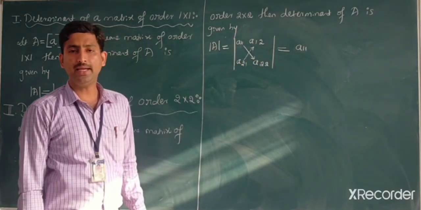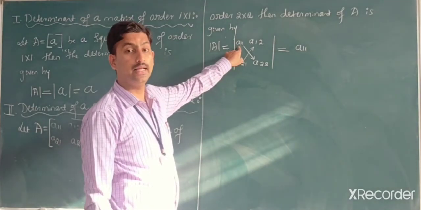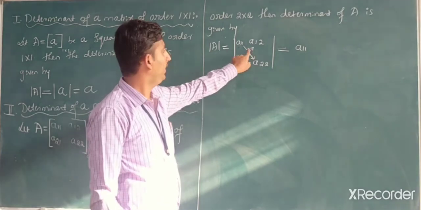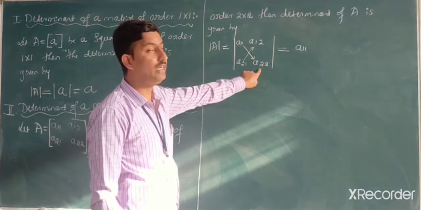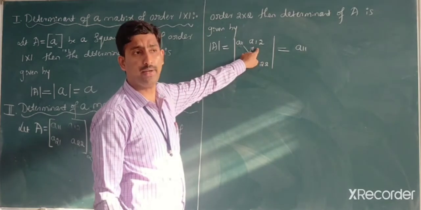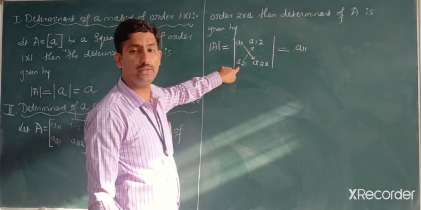Correct? We have to multiply the left top element and the right bottom element. After that, the right top element and the left down element, that is A21.